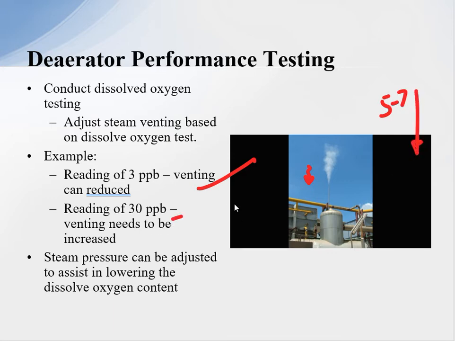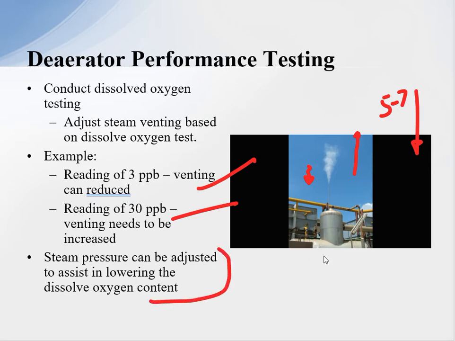If we have a 30 parts per billion test, then we can increase the venting to assist in getting rid of the non-condensable gases or the oxygen out of the deaerator and get our reading down to 7 parts per billion.